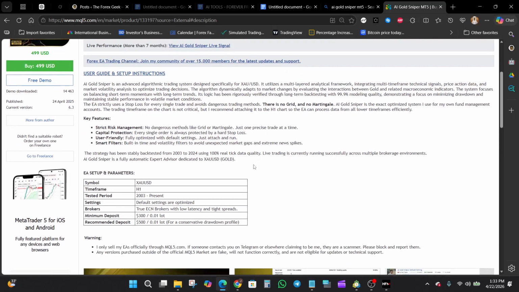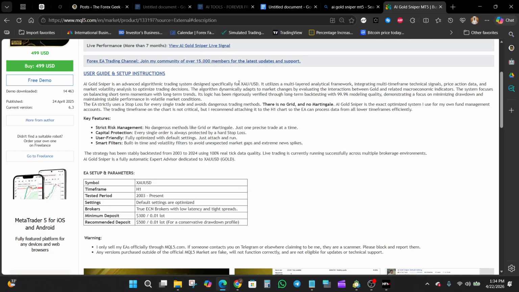Every trade is protected with a hard stop loss, and that is important because it defines maximum risk per trade clearly. All right. It also prevents uncontrolled drawdown scenarios, but at the same time, using a fixed stop loss means that if the entry timing is not precise, traders can be stopped out more frequently in volatile conditions.